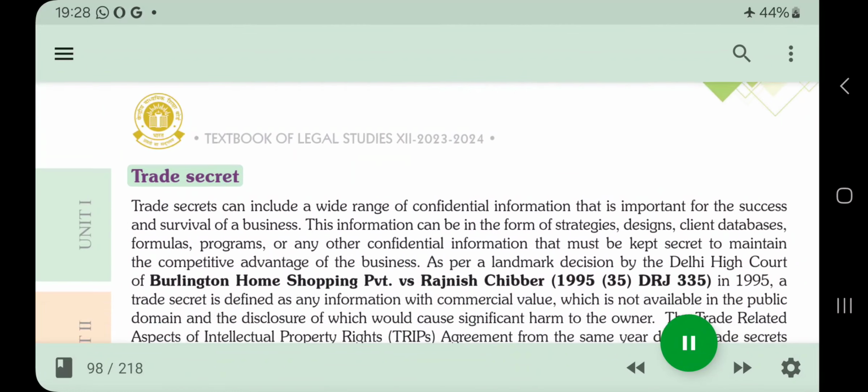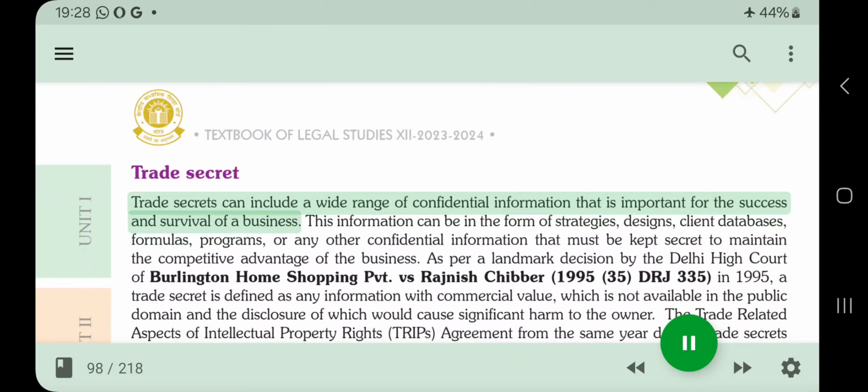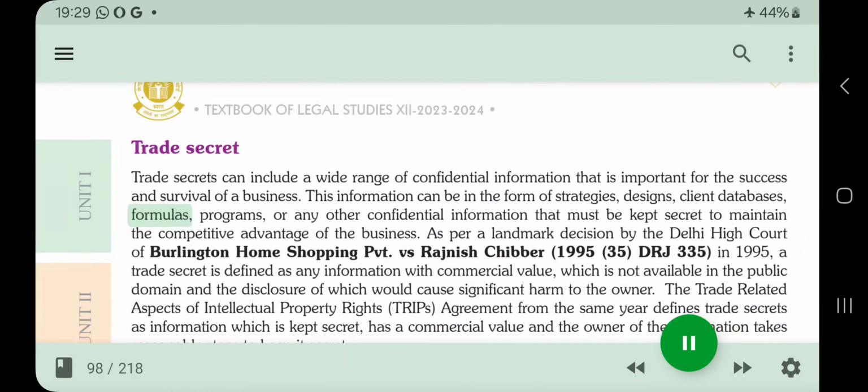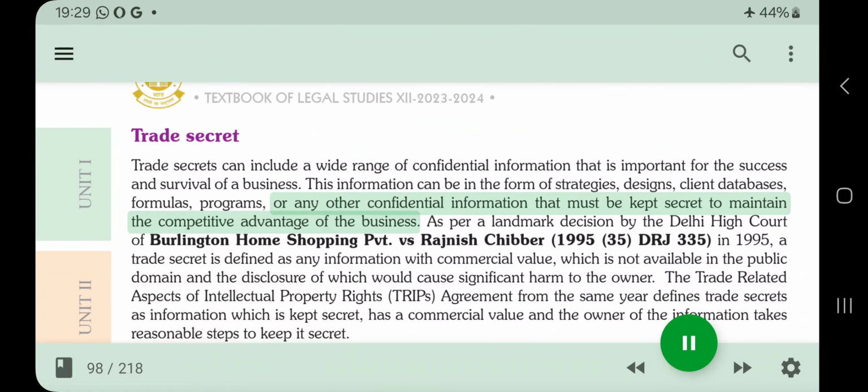Unit 8. Trade secret. Trade secrets can include a wide range of confidential information that is important for the success and survival of a business. This information can be in the form of strategies, designs, client databases, formulas, programs, or any other confidential information that must be kept secret to maintain the competitive advantage of the business.